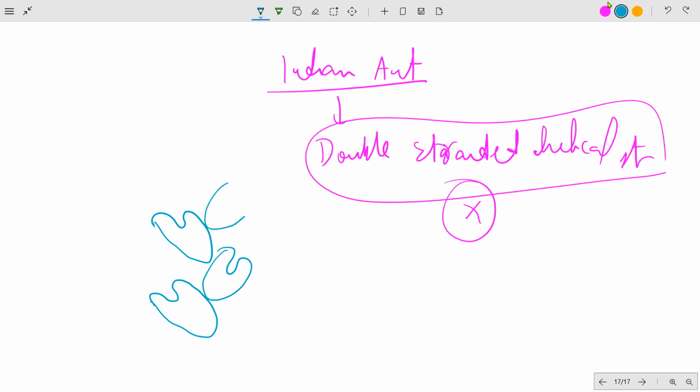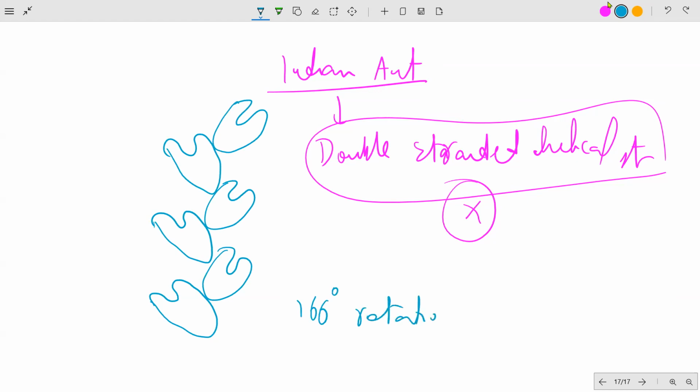So each G actin which comes, which polymerizes, it is rotated by an angle of how much? 166 degree rotation during the assembly process.